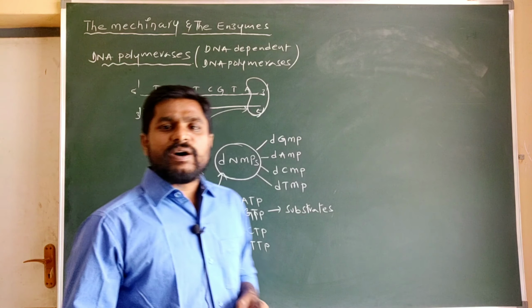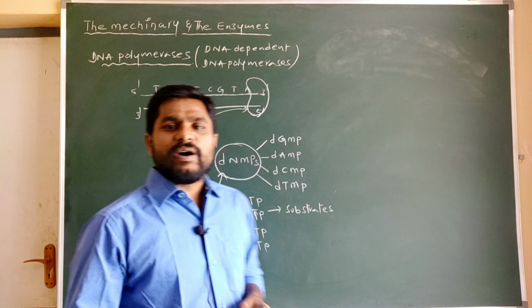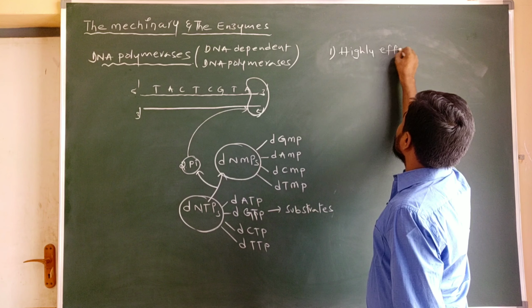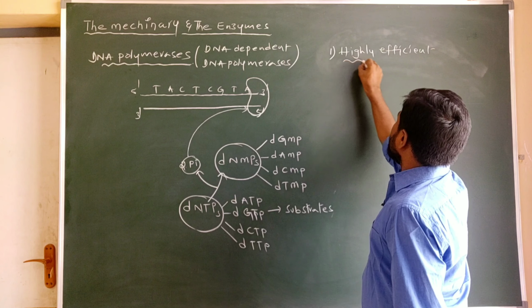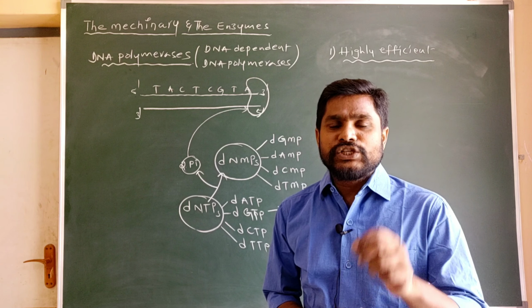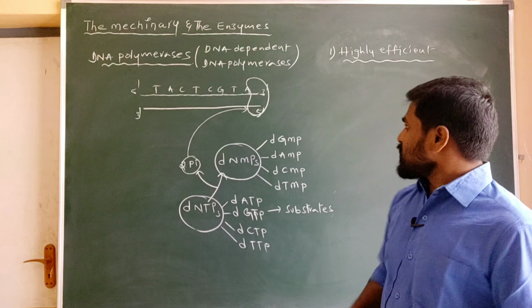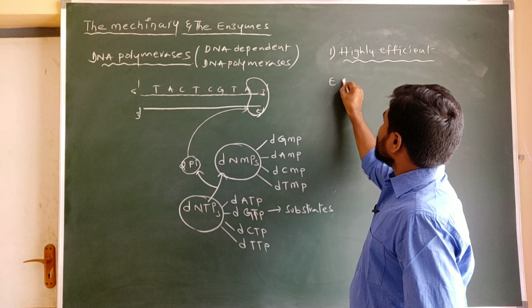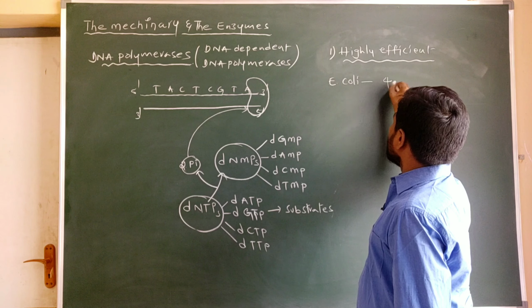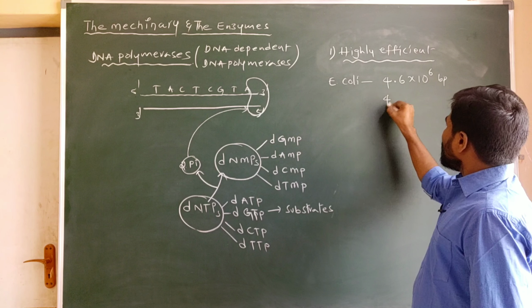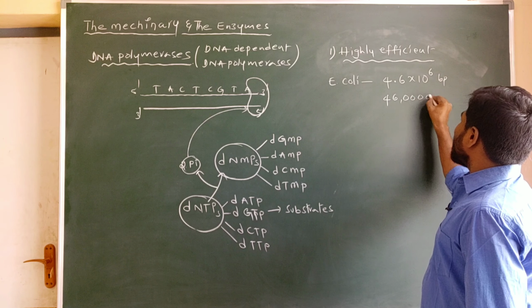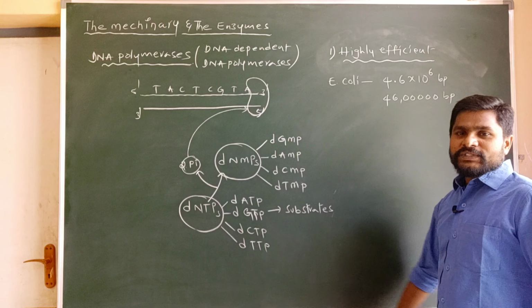These DNA polymerases are highly efficient in nature. Highly efficient means DNA polymerases can polymerize a large number of nucleotides within a short span of time. Say, for example, if you take the length of E. coli DNA, that is about 4.6 into 10 to the power of 6 base pairs, or it consists of 46 lakhs of base pairs.